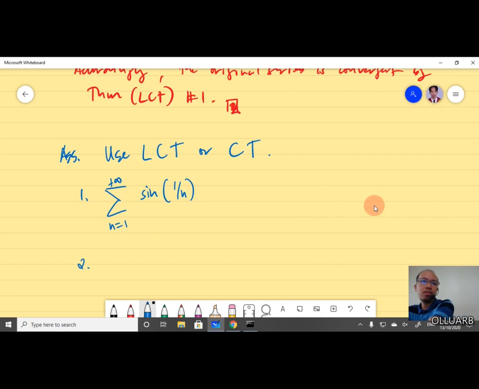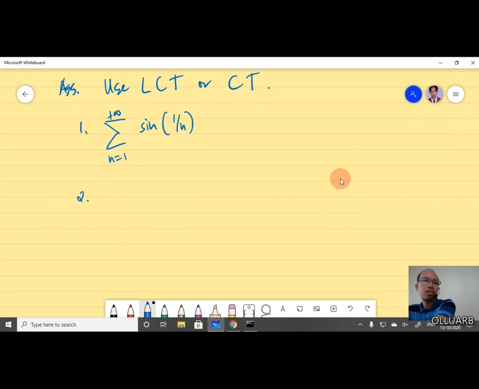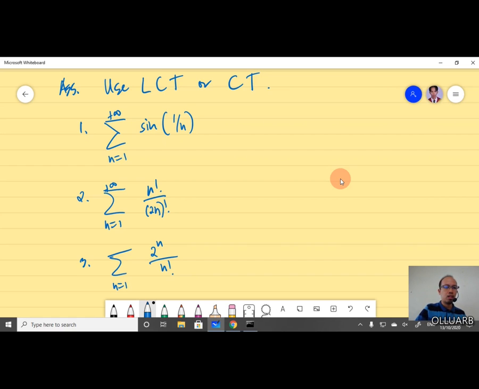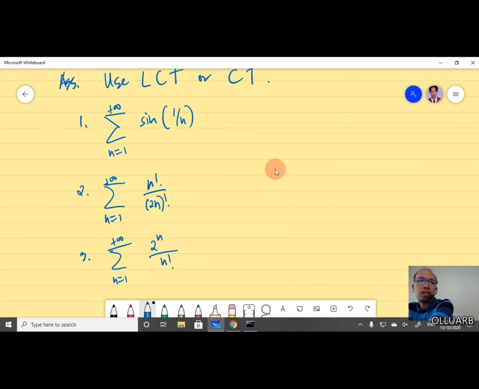Number 2, summation of n factorial over 2n factorial, where n starts from 1 to positive infinity. Number 3, summation of 2 to the n over n factorial, where n starts from 1 to positive infinity.